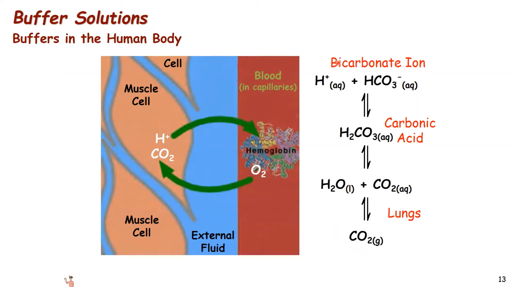So depending on what the acid level is in the blood, it's going to use this carbonate system going back and forth to keep that hydrogen ion concentration from changing. So this is what a buffer system does. Your body is going to determine exactly how much CO2 you should expel or not expel to maintain the acidity of your blood. Okay, so again, this is a simple biological buffer.